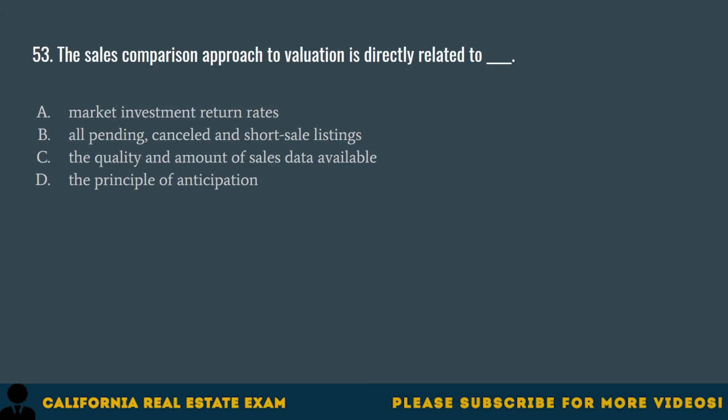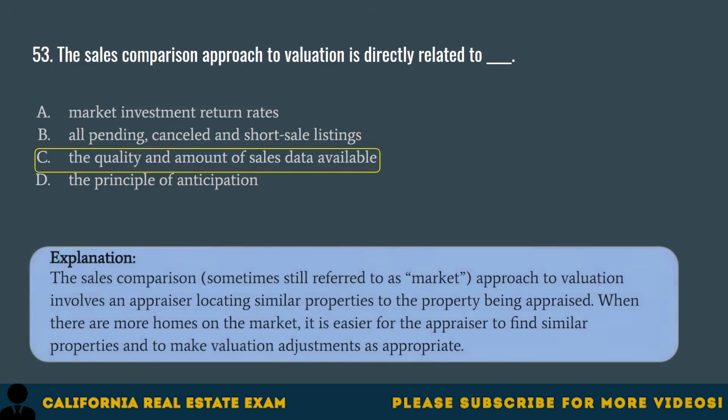The correct answer is C. The quality and amount of sales data available. The sales comparison, sometimes still referred to as market approach to valuation, involves an appraiser locating similar properties to the property being appraised. When there are more homes on the market, it is easier for the appraiser to find similar properties and to make valuation adjustments as appropriate.